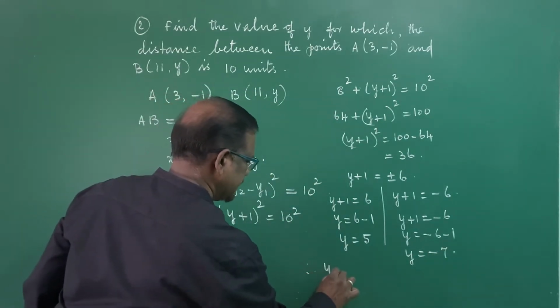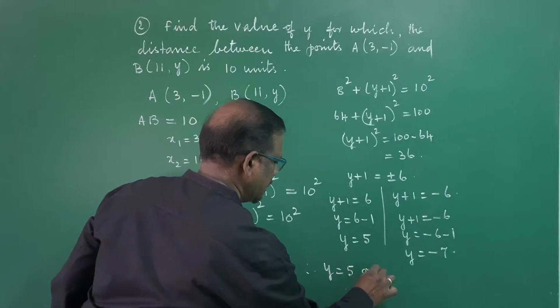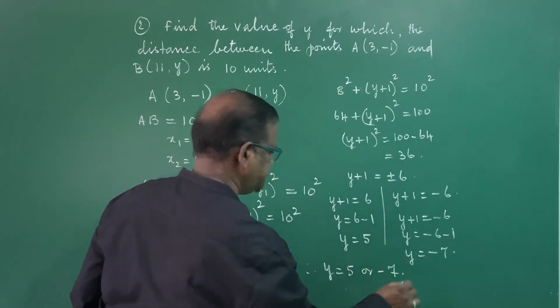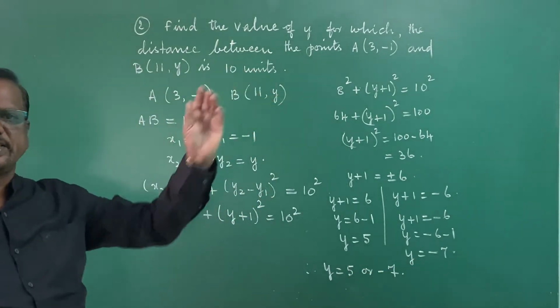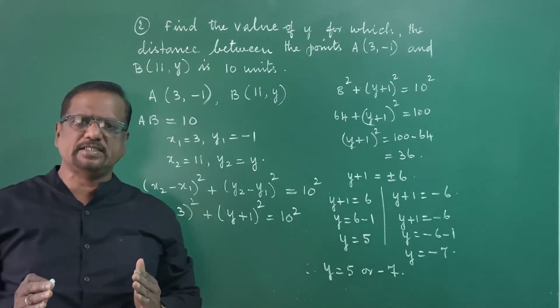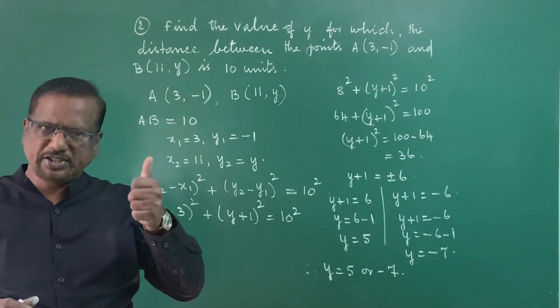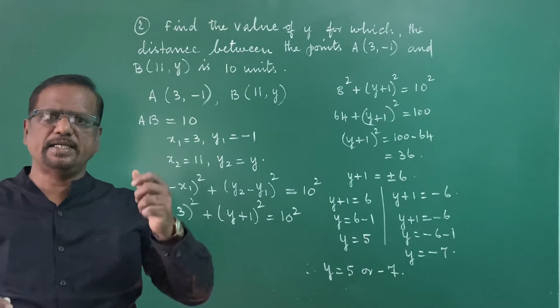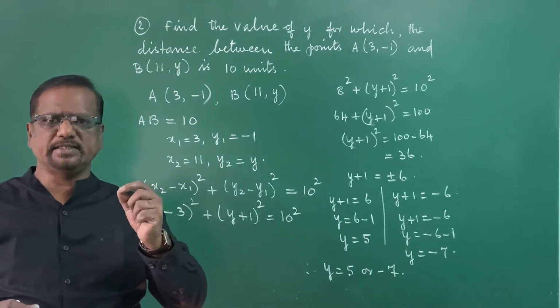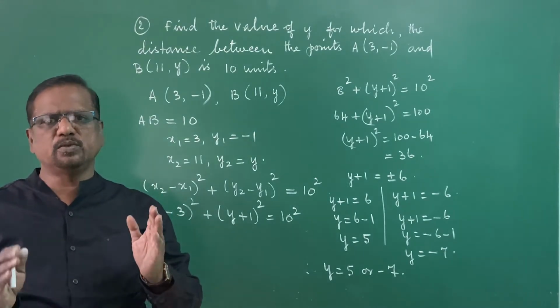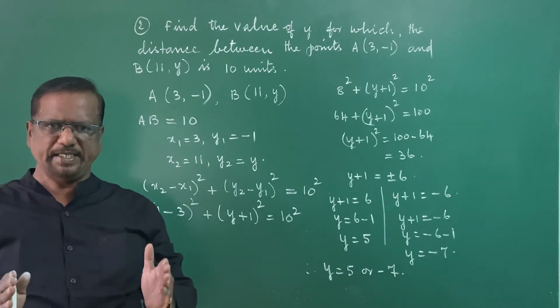Therefore, y can be 5 or minus 7. The only thing that we have to note here is that the distance has been given and one of the coordinates contains the variable whose value we have to find out.